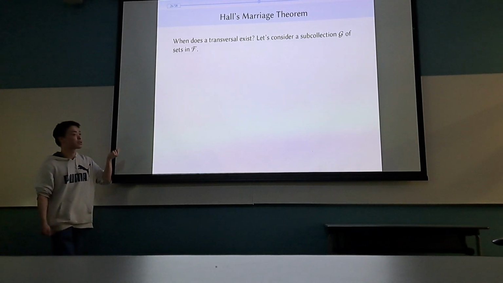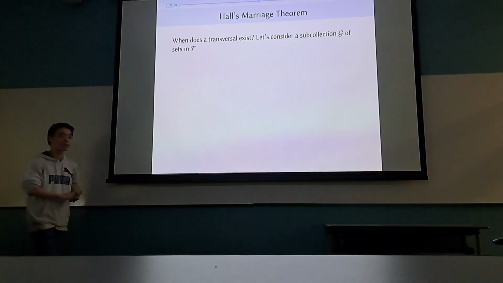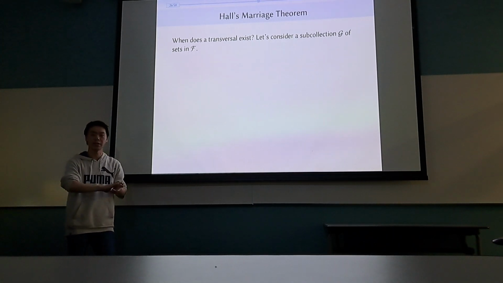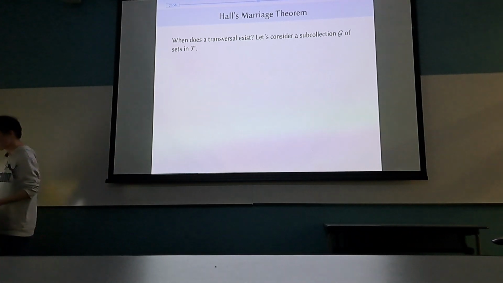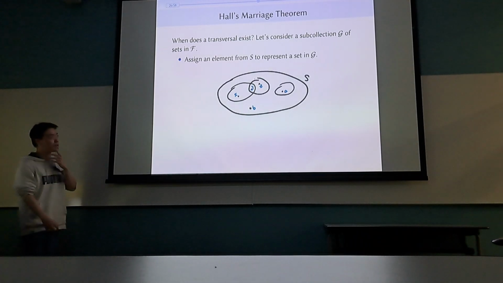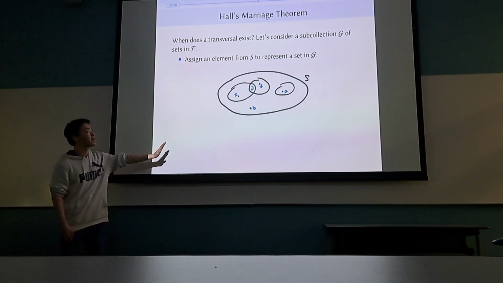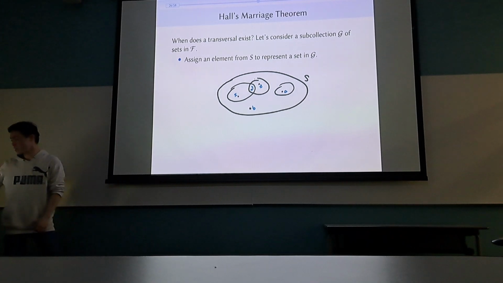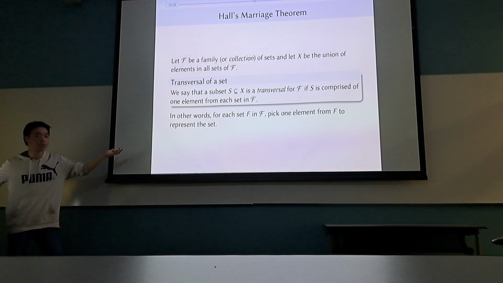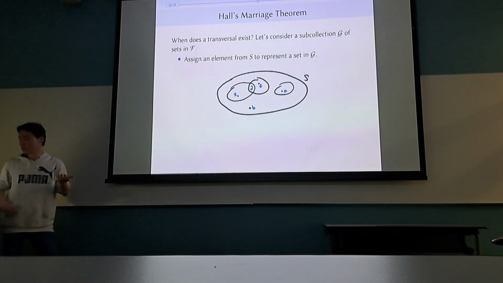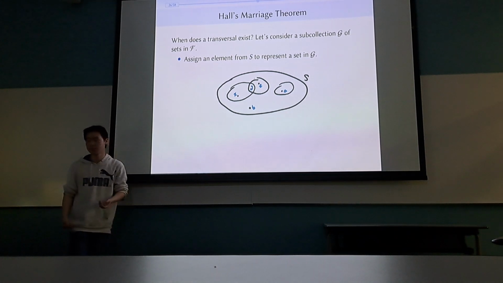So when does this transversal set exist? What we're going to do is consider just a sub-collection, a subset of the sets in my family. Maybe the first attempt is to assign an element from S to represent a set in G. Remember, S was my subset, so that's my transversal.